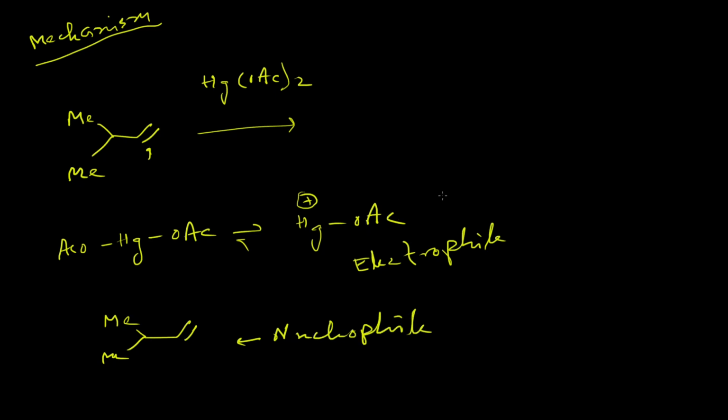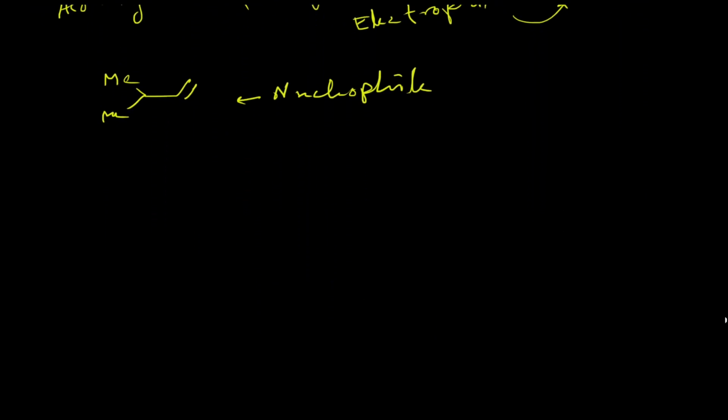In many books, the electrophile is actually suggested to be the mercuric acetate species itself. So it can also be considered as the electrophile, but the mechanism then will be somewhat different. I will show the mechanism and explain. So first let us consider the first step.